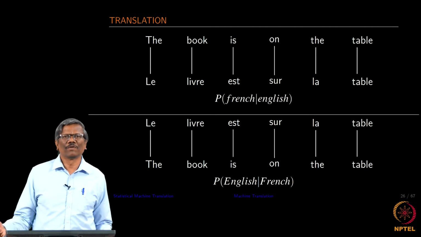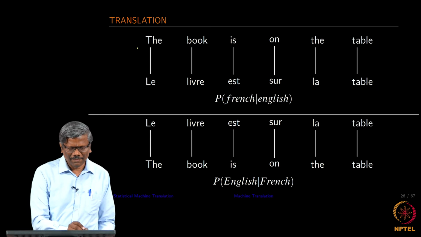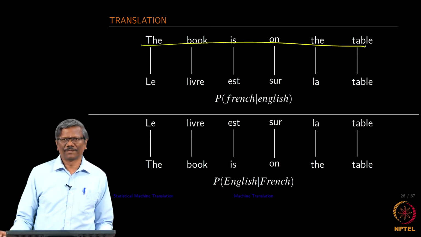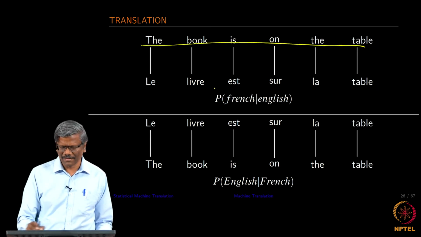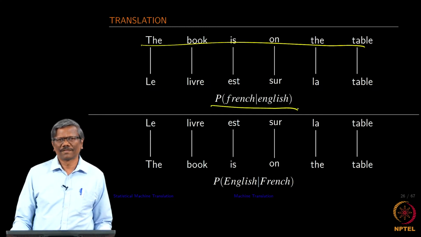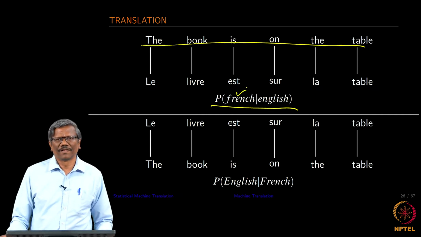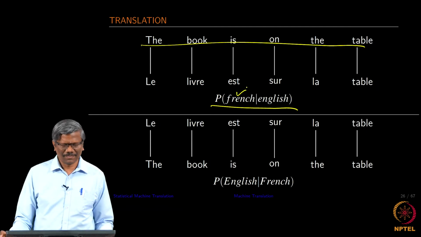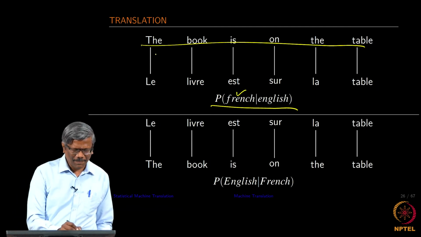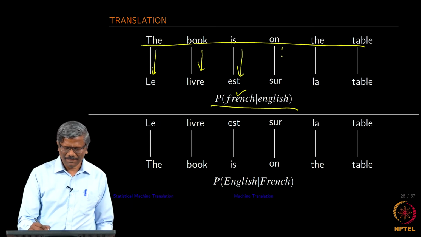That is how we would have started even in the English to Swahili. Here also we have a sentence in English and a sentence in French. So, we try to find the probability of the sentence in French given the English sentence. Okay. So, we try to map one on one in this case.